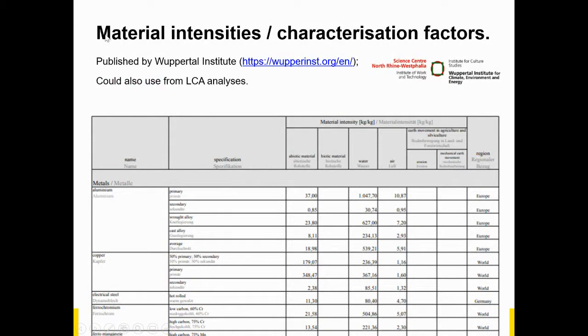And then this, let's say the standardized way of doing this comes from a very famous institute called the Wuppertal Institute. Here is their website. It's very good visiting there. They produce a lot of these things. They are also involved with those factors for material footprint accounting, well, the coefficient approach.